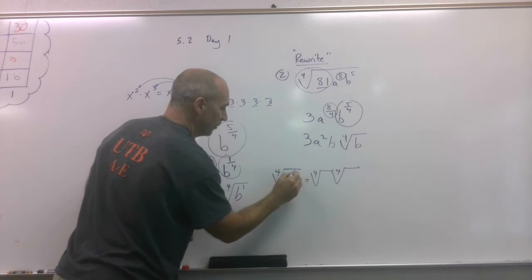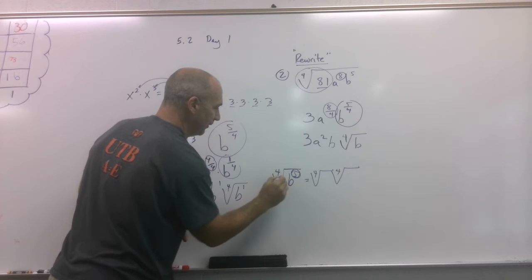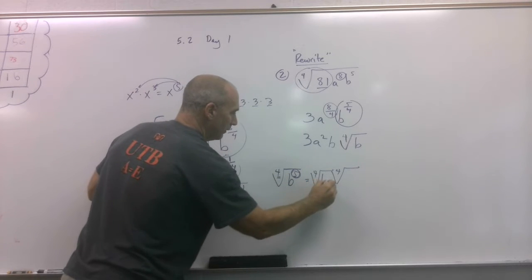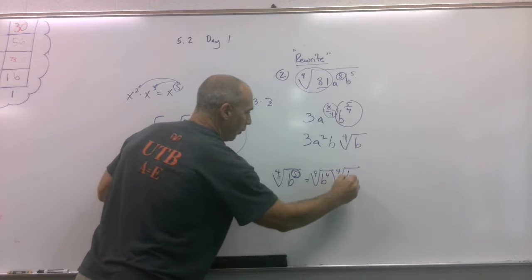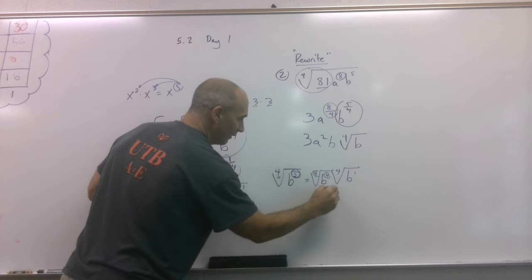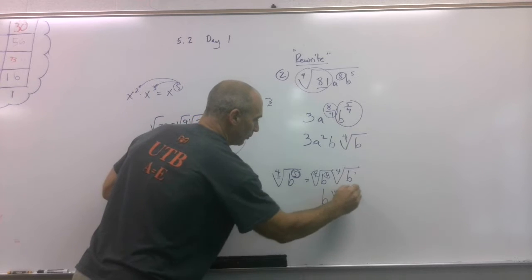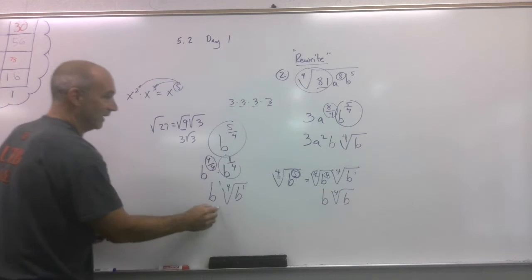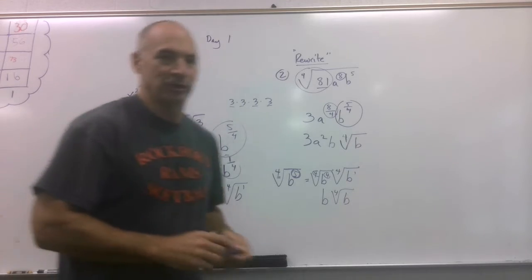What's the first number less than 5 that 4 goes into evenly? That'd be 4. And then I'd have 1 left over here. Now what's 4 divided by 4? 1. So that's b to the first times the 4th root of b, which is the same thing as I got here, a little different strategy.